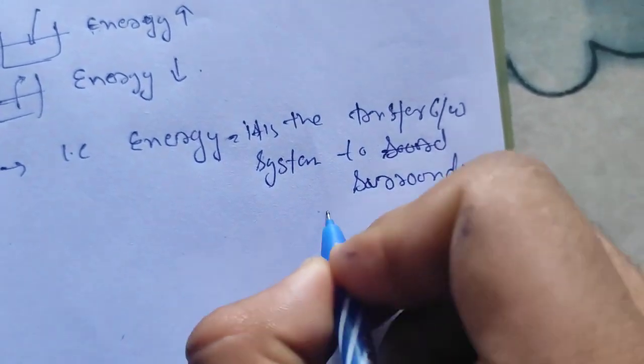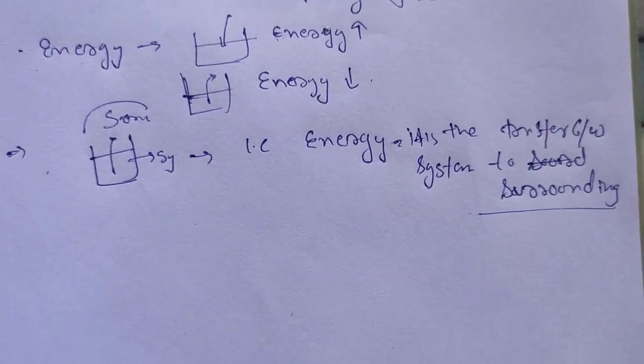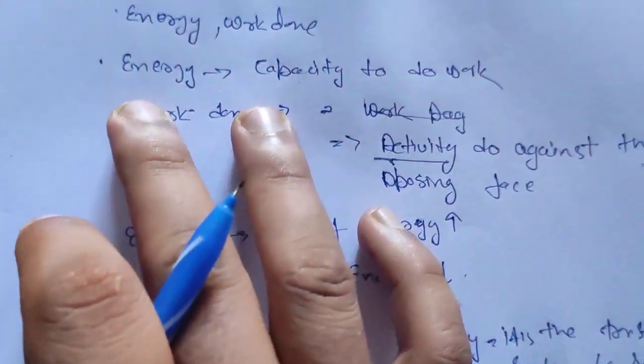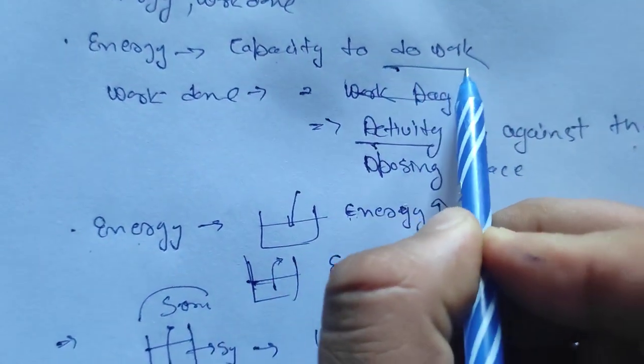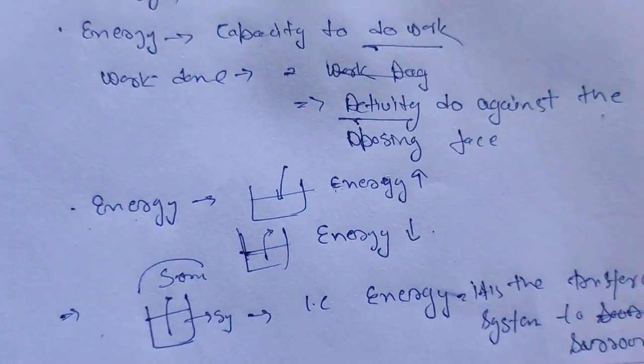Okay, system to surrounding. So basically the main thing is the definition: energy is the capacity to do work, and work done is against an opposing force.